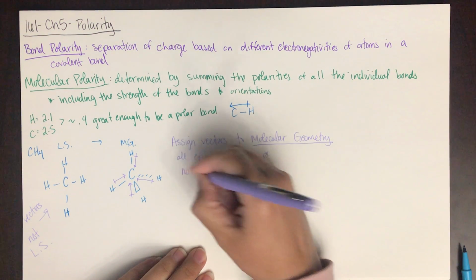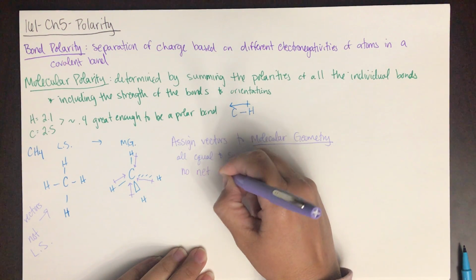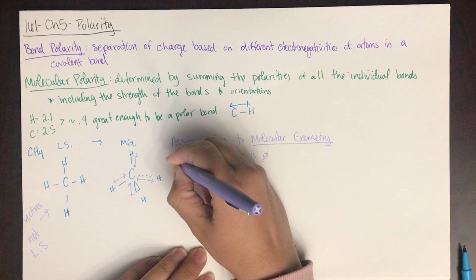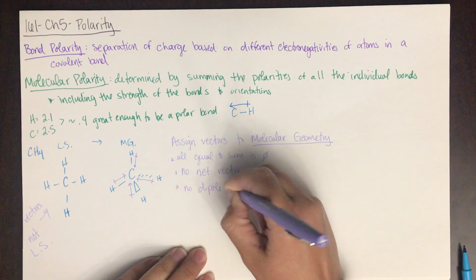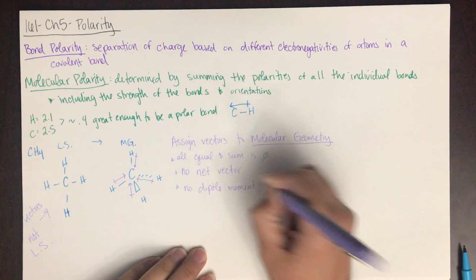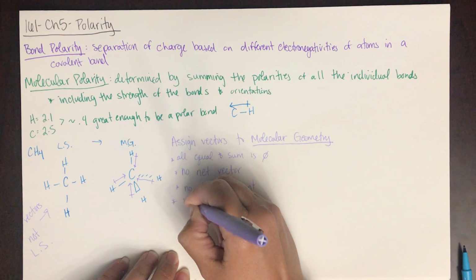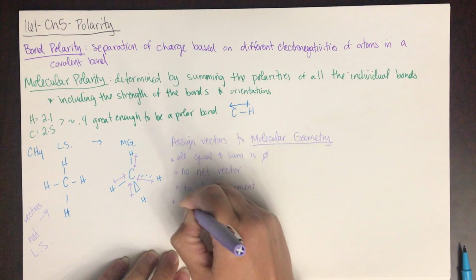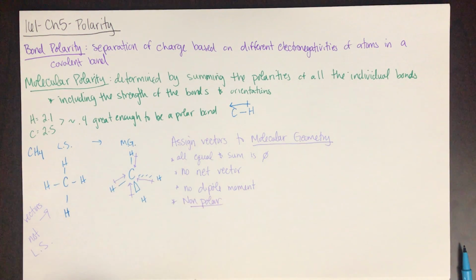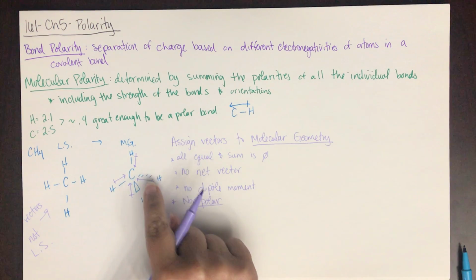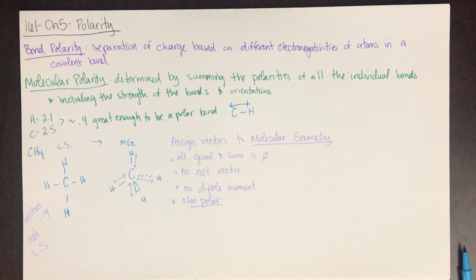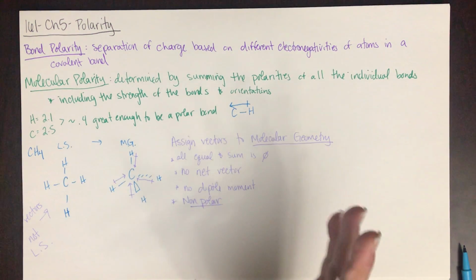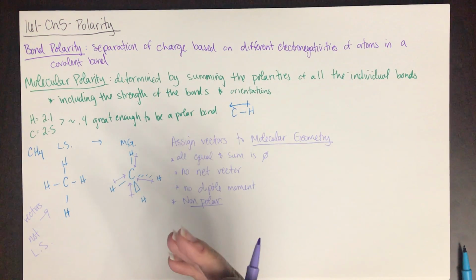So we would say this molecule has no net vector. Another way to say it is that there is no dipole moment. So this is a non-polar molecule. So the way that you determine if a molecule is polar or not is you assign vectors to each of the bonds in the molecule to the molecular geometry, see if they add up to something or see if they add up to nothing.